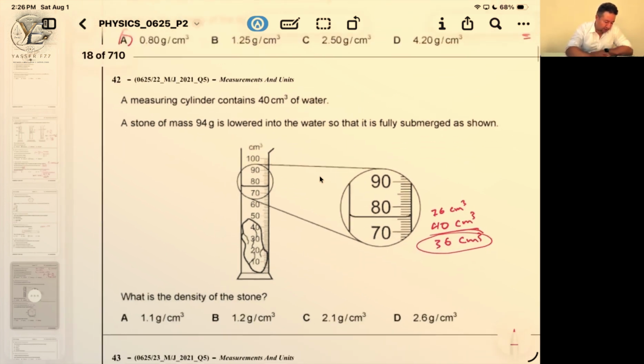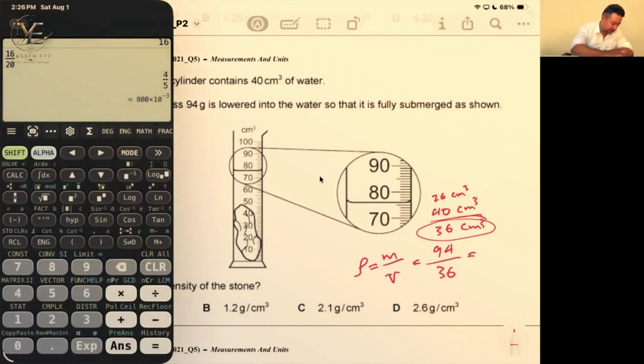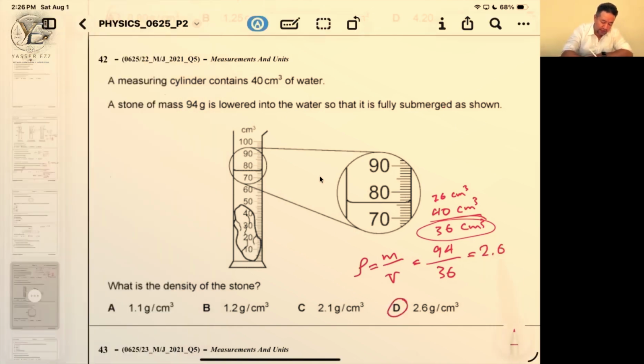And we are asked to find the density. Density equals mass over volume. Again, 94 over 36 will give us the density. 94 divided by 36 is equal to 2.6. So the correct answer is 2.6 gram per cubic centimeter.